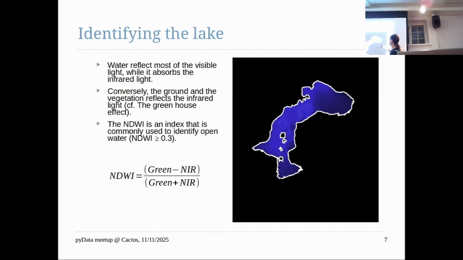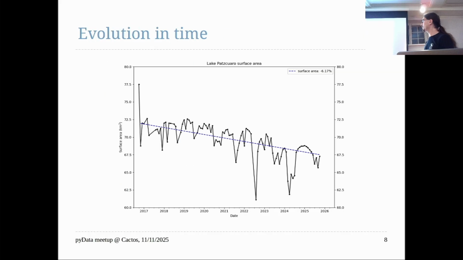So using this criterion, I can define a polygon here in white contours, which I define as the lake. I can calculate the area, and if I do it every month, I get this shape. It's not perfect, and probably some of the oscillations are just due to clouds.